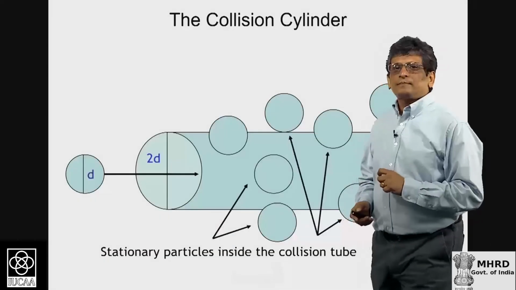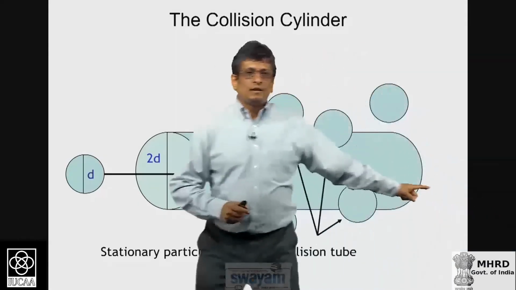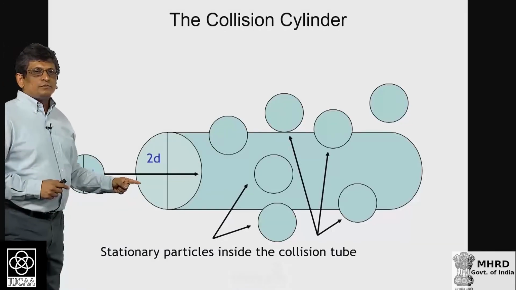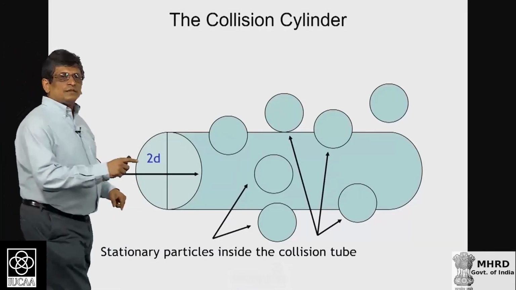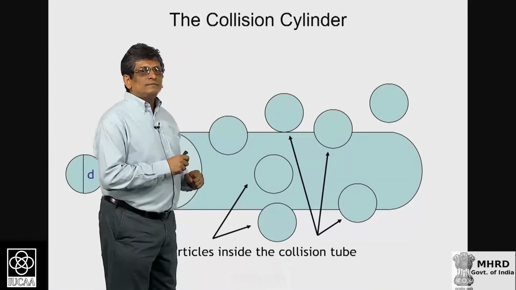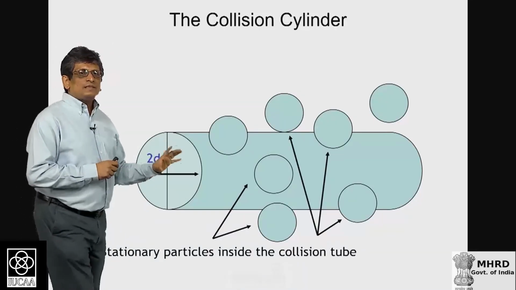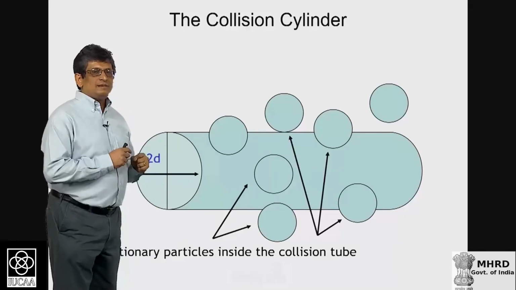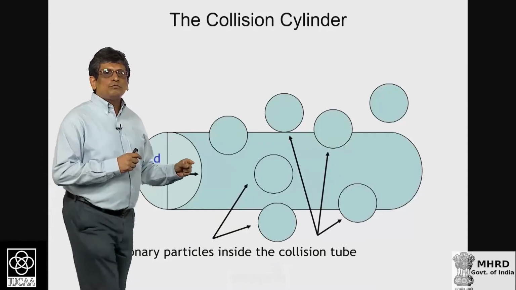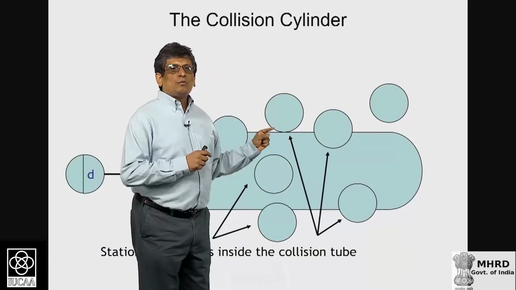Okay? Now then, as a single star moves through a distribution of stars, you have lots and lots of other stars that are around it, which all have the same diameter d, and you can define a cylinder which has a diameter 2d such that the star can go through this cylinder without colliding with any other star.